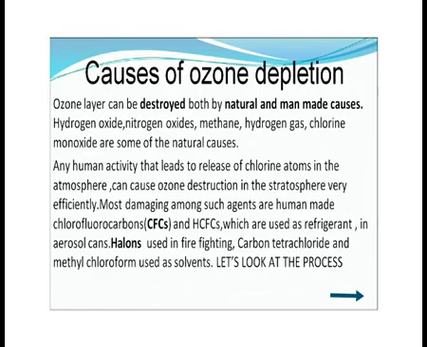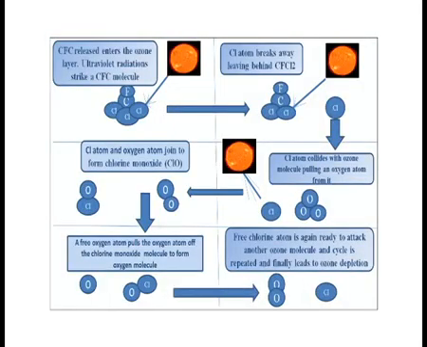Let us look at the process. The red coloration on your screen depicts the sun releasing the ultraviolet radiations which reach our atmosphere. CFC released enters the ozone layer, ultraviolet radiation strikes the CFC molecule and breaks away the chlorine from the CFC molecule. So, you have a free chlorine.